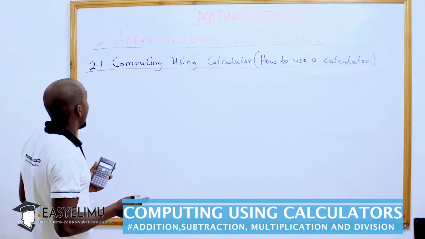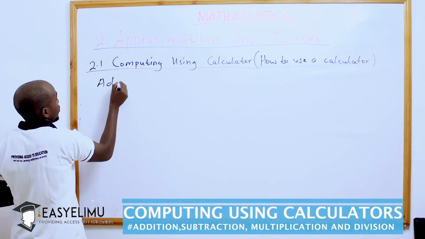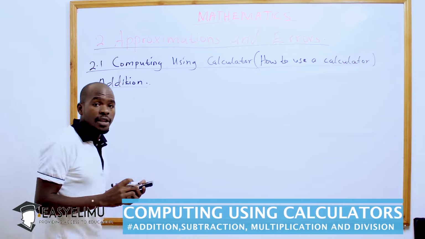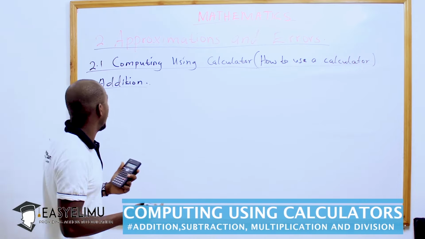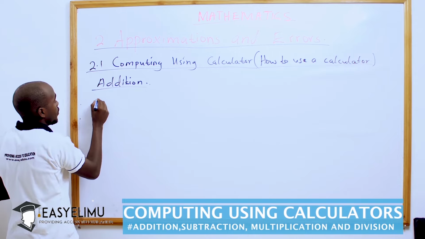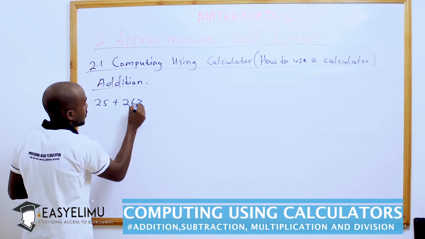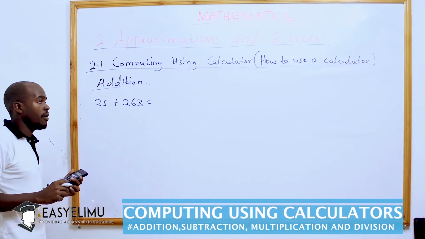For instance, we shall start with addition, given a sum, for example, 25 plus 263, and then you put equal.